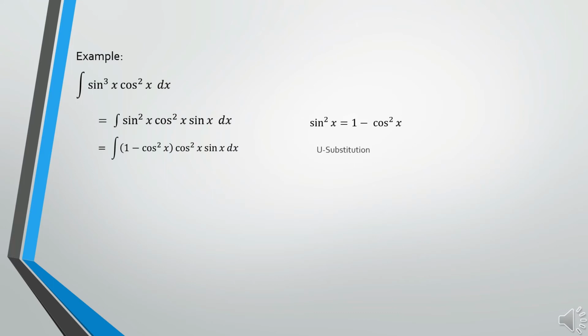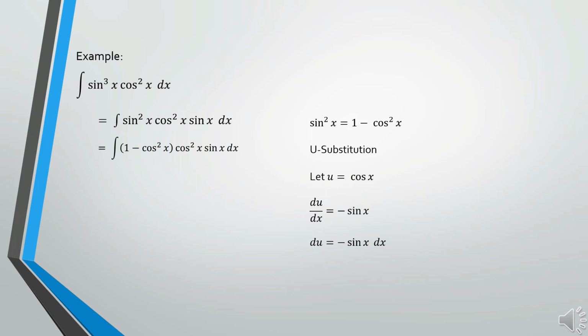Then we use u substitution. Let u equal to cos x. Then we differentiate cos x, which equals negative sine x. We leave du for the final answer, equal to negative sine x dx.